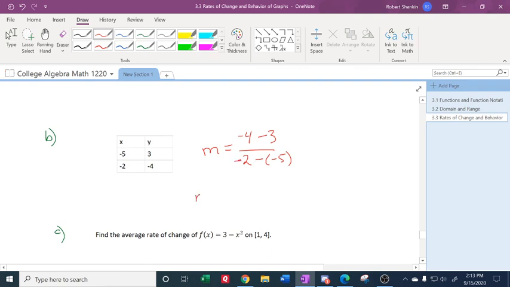I'm going to point out that I could have done the difference in the y coordinates using the top one first. If I use the top one first here, I have to use the top one first down here.